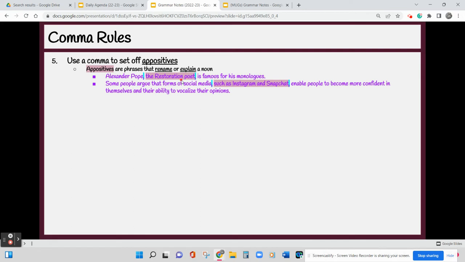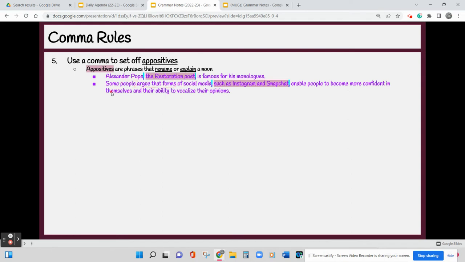Last time, so Comma Rules Part 1 in Mug 3, we talked about stuff between 2 commas being a part of rule number 4, which was setting off things that are either non-essential or non-restrictive. So this thing here is not non-essential, it is not non-restrictive. Instead, this one is an appositive. It is a phrase that is explaining this noun here.